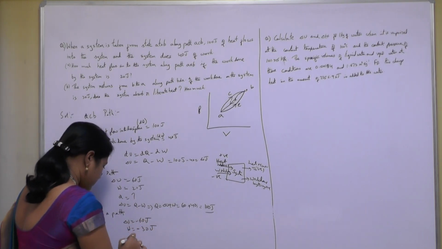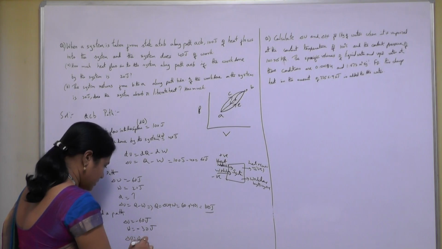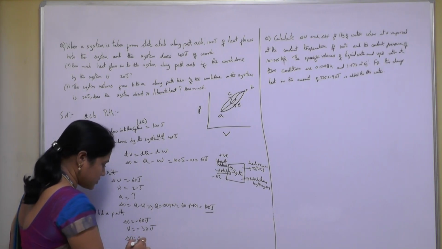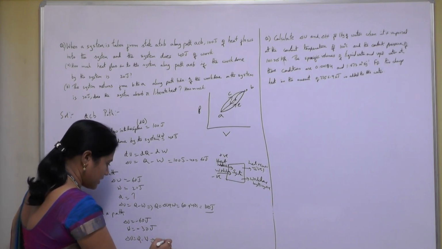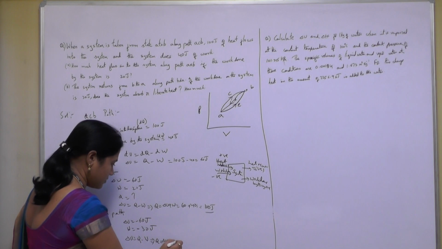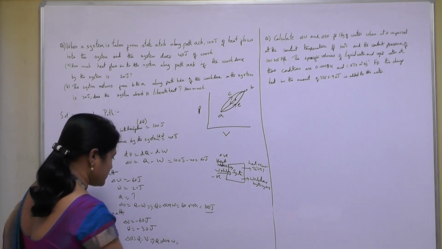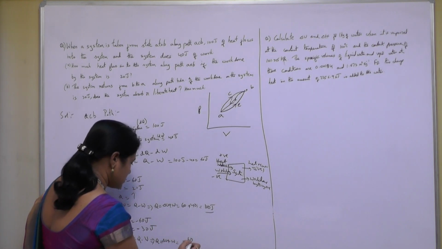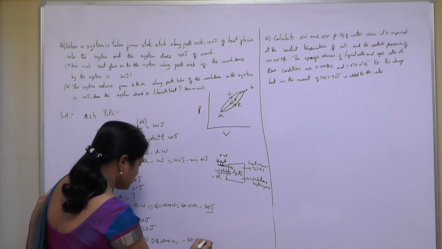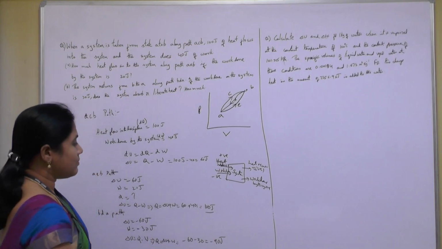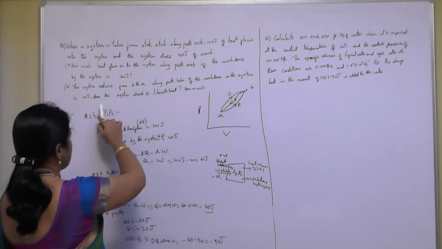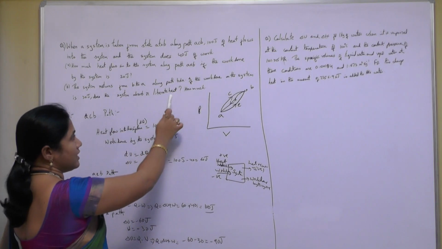So we know the first law: delta U equals Q minus W. So Q equals delta U plus W. Delta U is minus 60 joules and W is minus 30, so minus 90 joules. Does the system absorb or liberate heat?